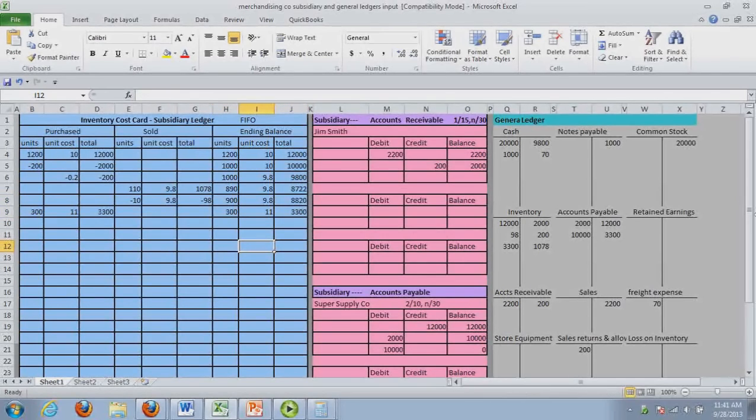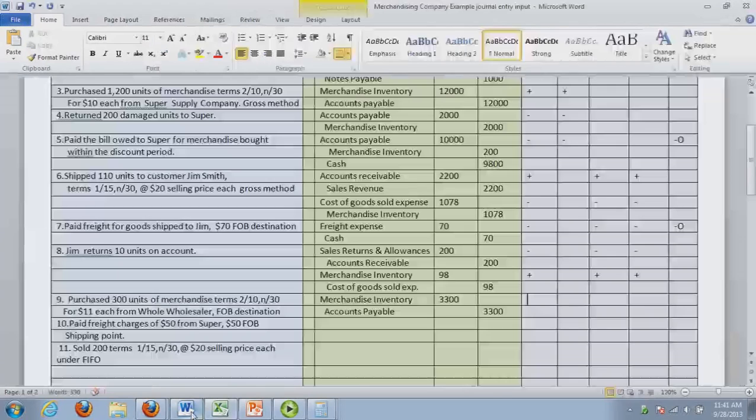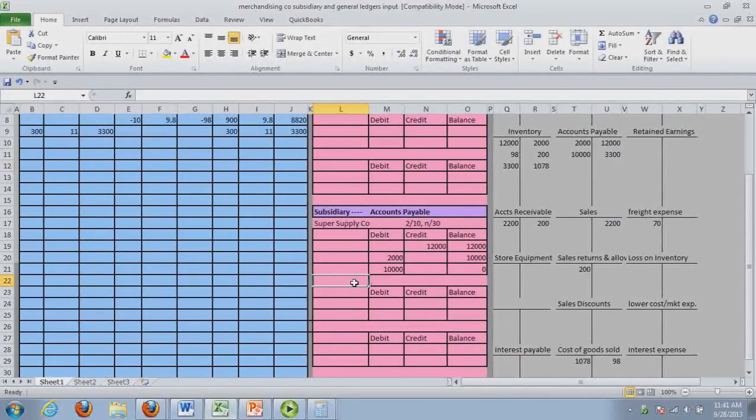And then the accounts payable we need to update. If we go back and look, this is the wholesaler, 2/10, net 30 are their terms. So the wholesaler, and so 2/10 net 30, because it could be different terms.